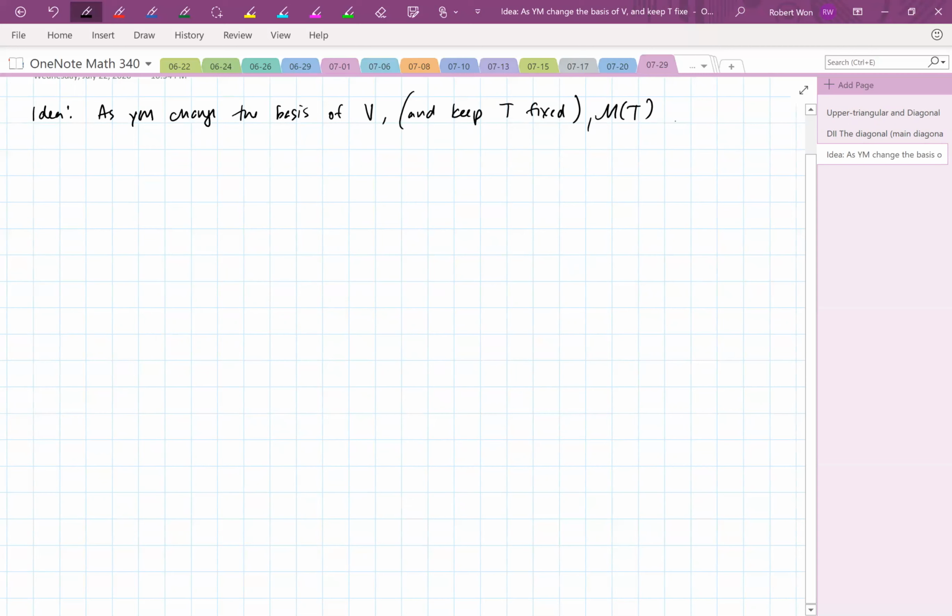So the idea: as you change the basis of V and keep the operator fixed, this matrix changes, right? Because everything is written with respect to the basis that you choose. So the idea is to choose a basis so that the matrix is nice.